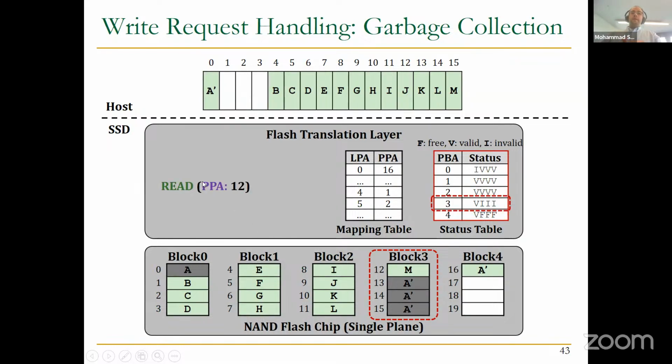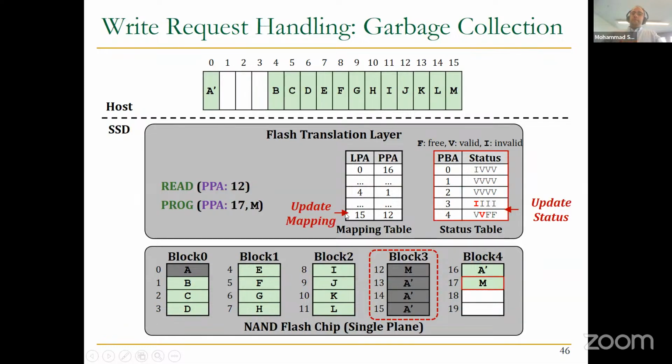You read physical page address 12 and write it to another location in block 4, at 17. Then block 3 is fully invalid, and in block 4 you have 2 valid pages and 2 free slots.